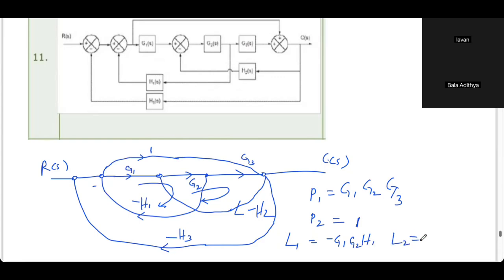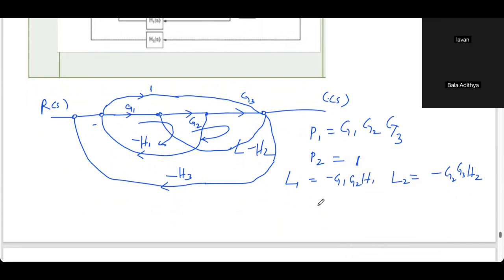L2 is minus G2, G3, H2. L3 is minus G1, G2, G3, H3. L4 is minus H3.